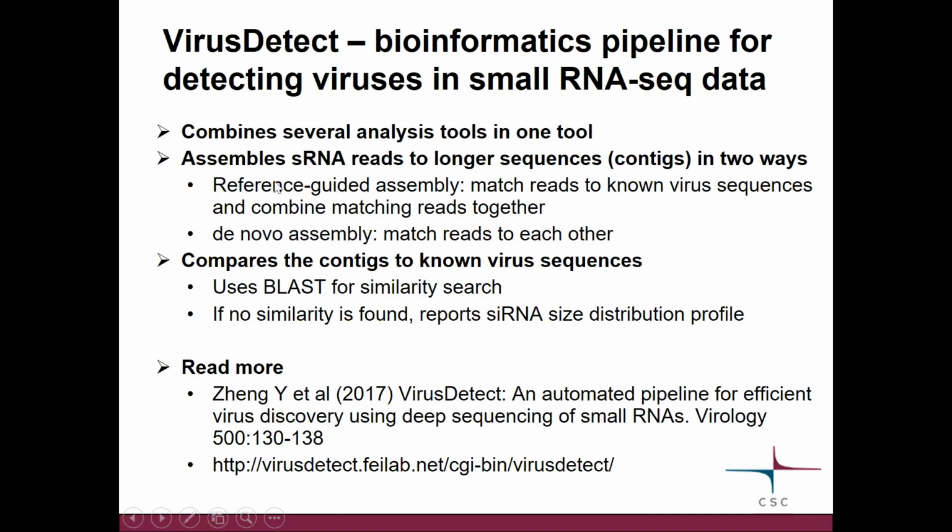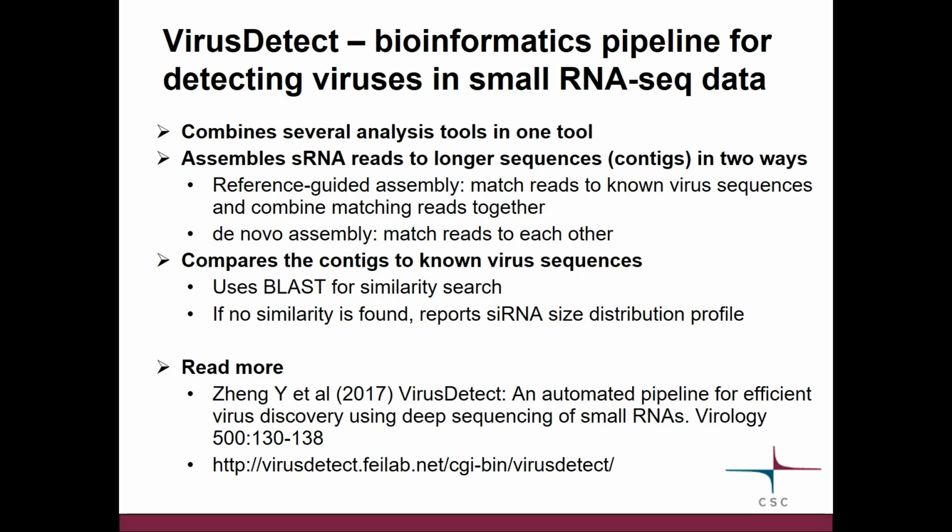So one way is called reference-guided assembly, which means that the sequencing reads are aligned to known virus sequences, and then the matching pieces are combined together. The other approach is a de novo assembly approach, which means that no virus reference sequence is used, but instead only the reads are used.